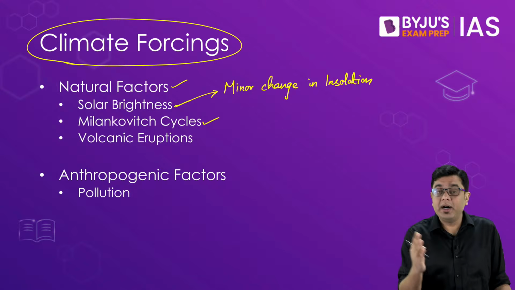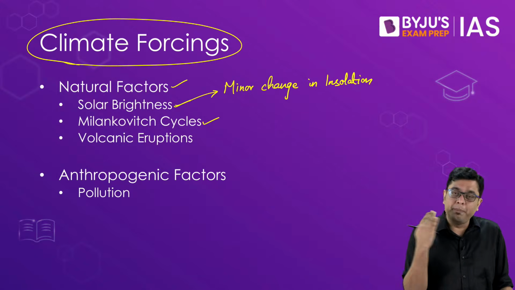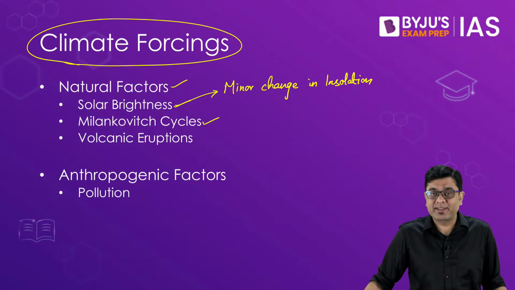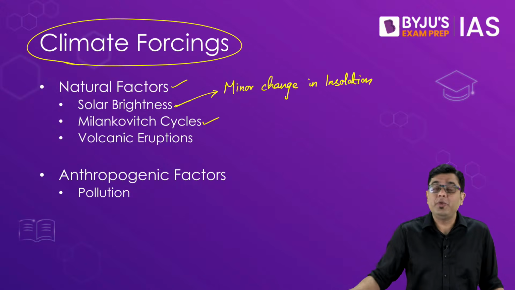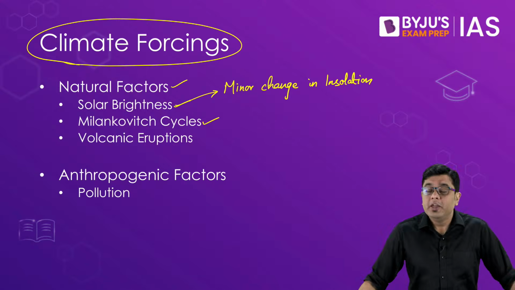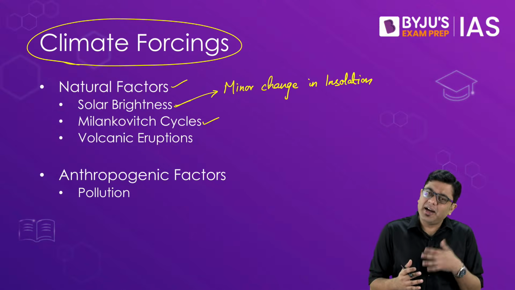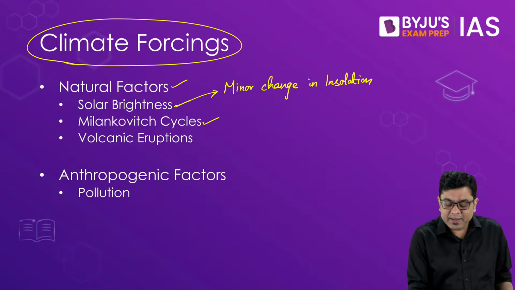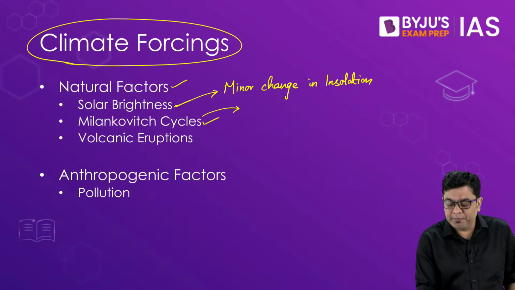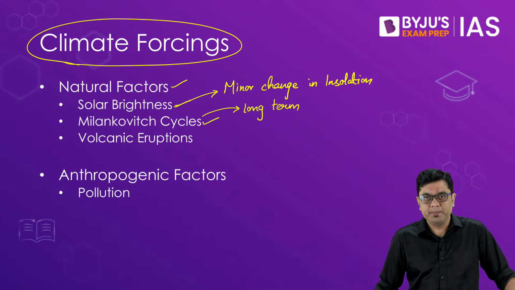Then the Earth also wobbles around its axis, and the axis takes a different direction every 21 to 26,000 years. Because of that, you again have a change in the heating and cooling cycles. But again, this is a long-term phenomenon which influences the heat budget in the long term.